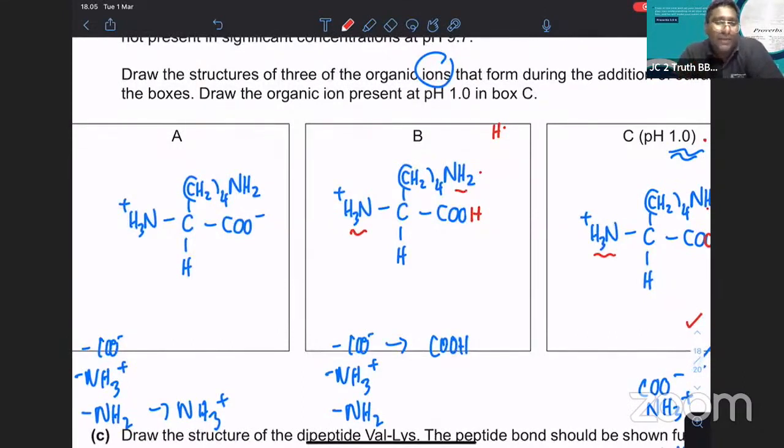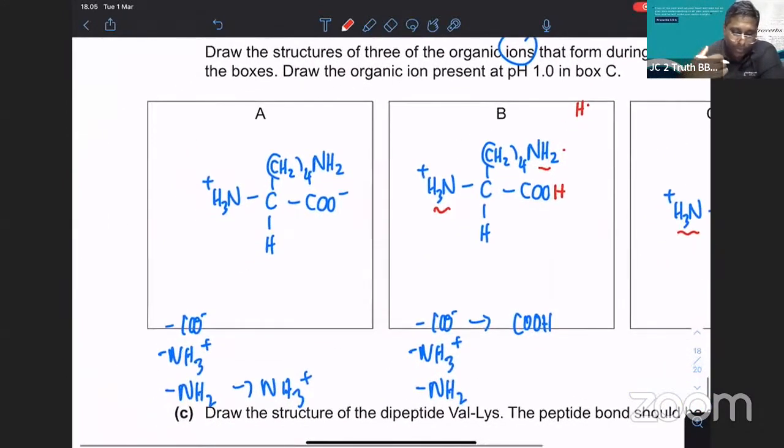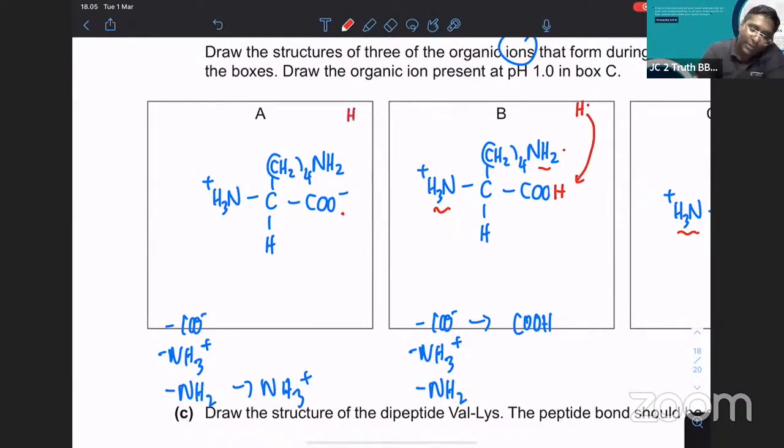For another compound, apart from coming towards COO minus, the H plus can go to the NH2. Just now H went here, so now instead of going there, it will come over here, and they are going to give you NH3 plus.